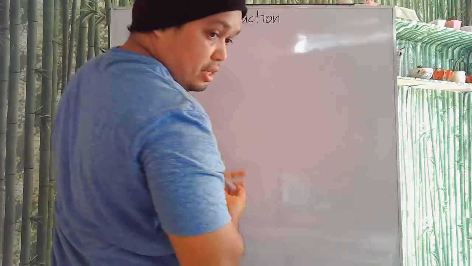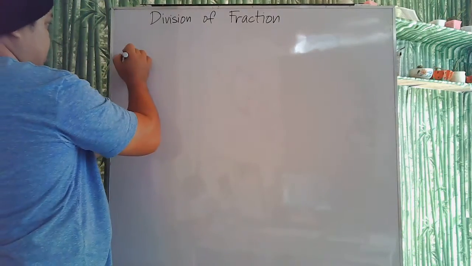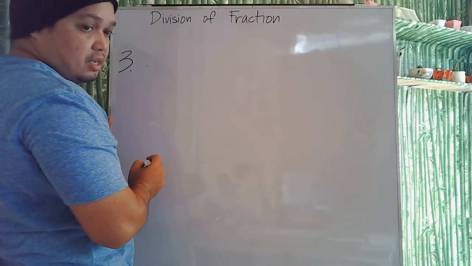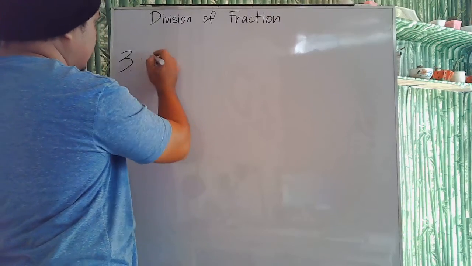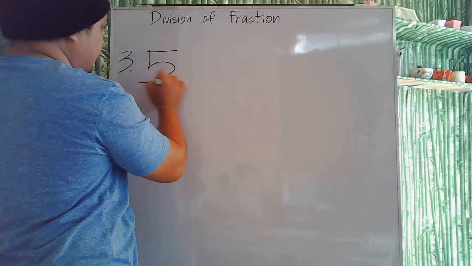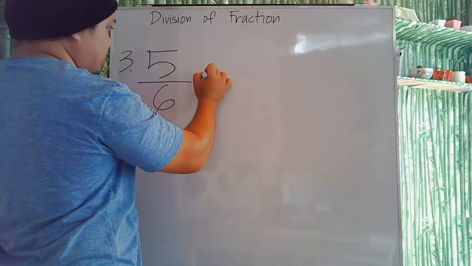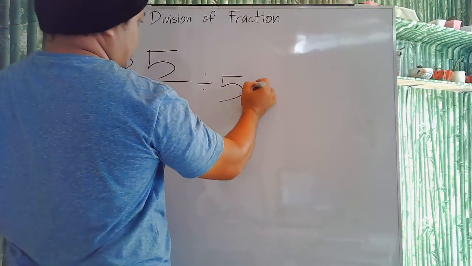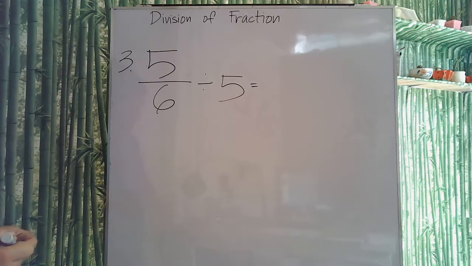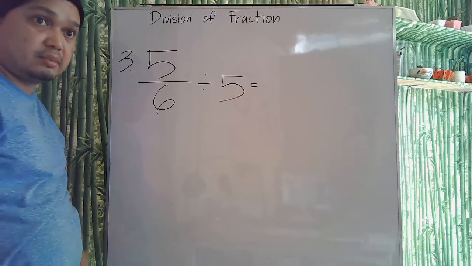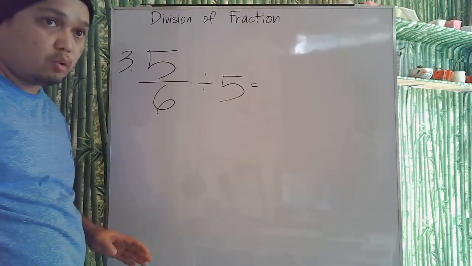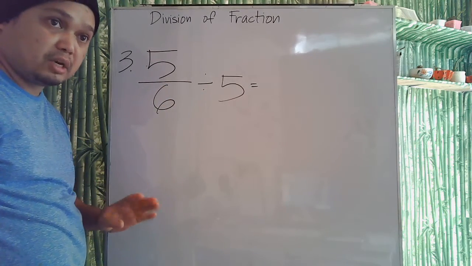Example number 3. We have 5/6 divided by 5. Now, the same process then. So we are now dividing a fraction with a whole number, but it's the same process.